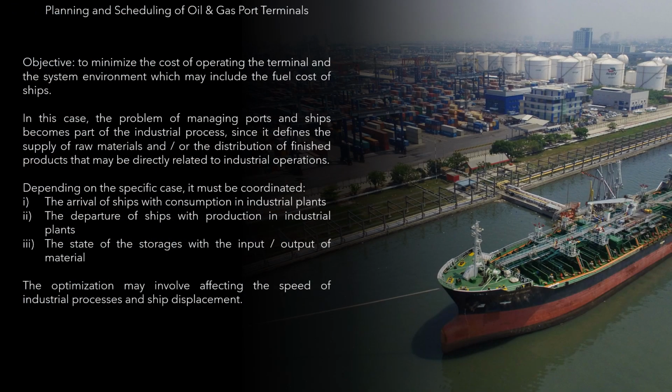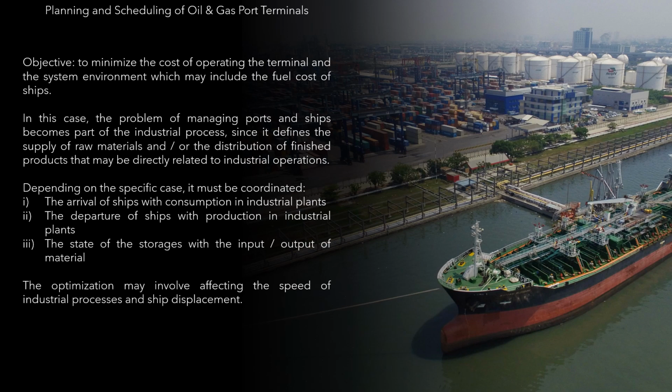Planning and scheduling of bulk port terminals. The objective is to minimize the terminal operating cost, considering the system environment, which may include the fuel cost of ships. Managing bulk ports and ships becomes part of the industrial process, since it defines the supply of raw materials and the distribution of finished products that are related to industrial operations.